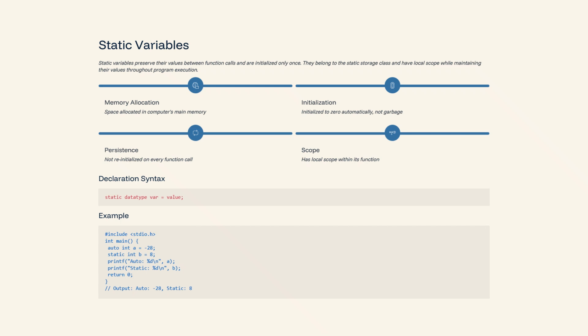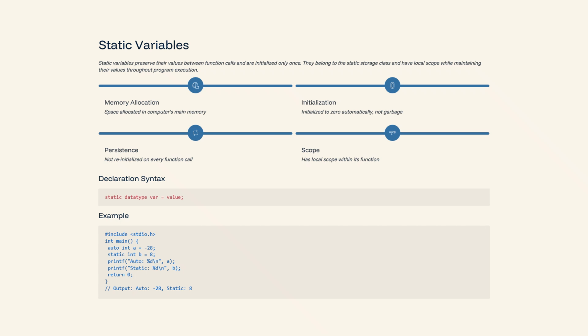Normally, local variables are created and destroyed each time a function runs. Whereas static variables are initialized only once, retain their previous value, and exist throughout the program execution. To define one, I write static int count equals 0.